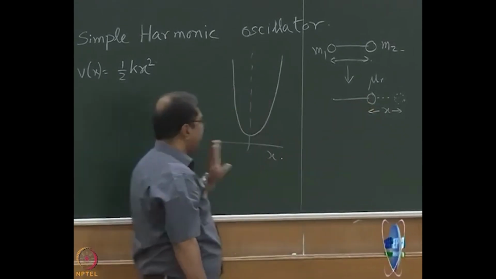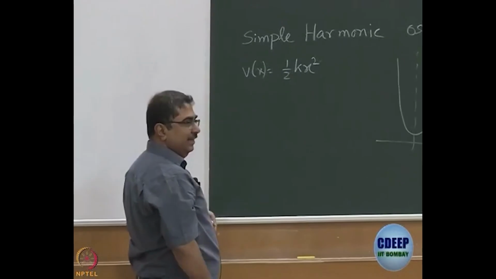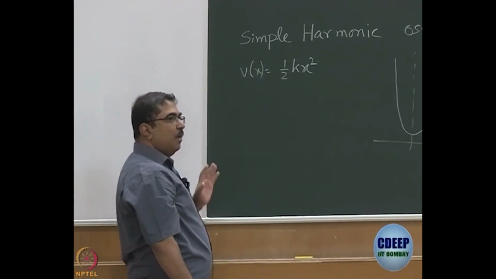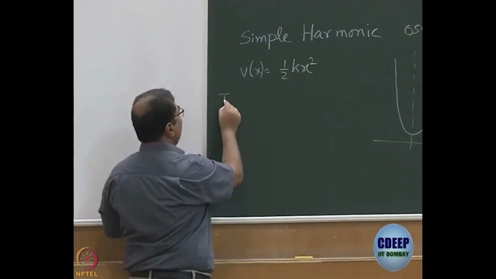This is x, great. If this is V, and since we have defined x, what would the time independent Schrodinger equation be?